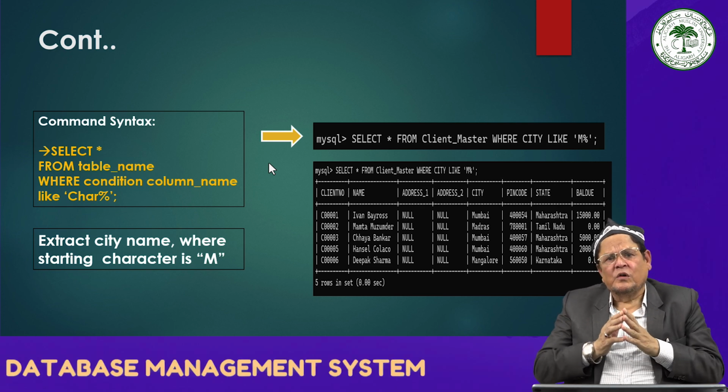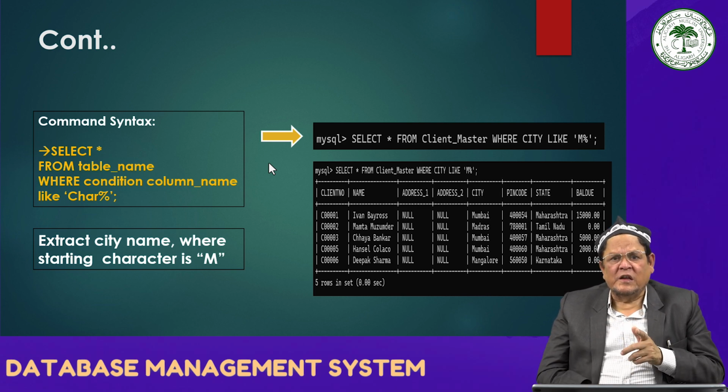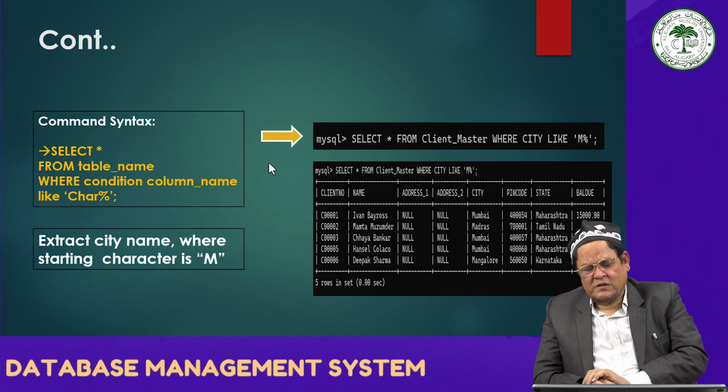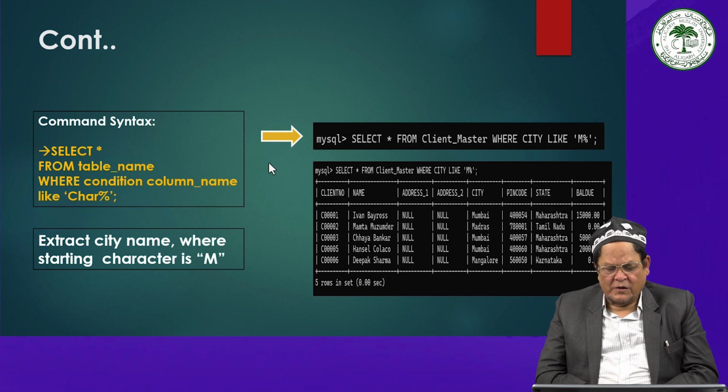If you want only the name and city, what do you write? SELECT name, city FROM client_master WHERE city LIKE 'M%'. It will show like that.